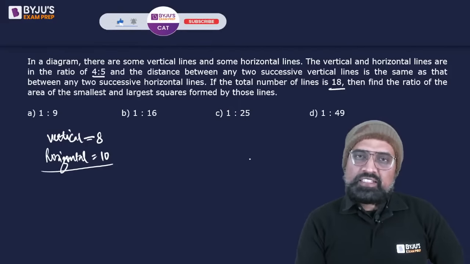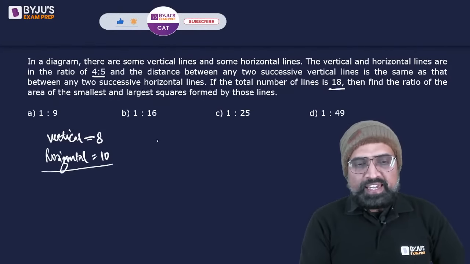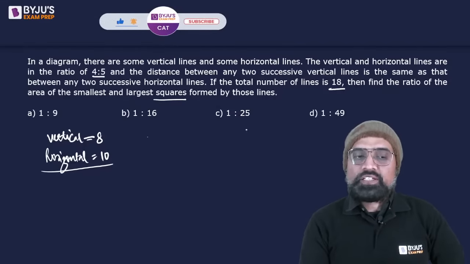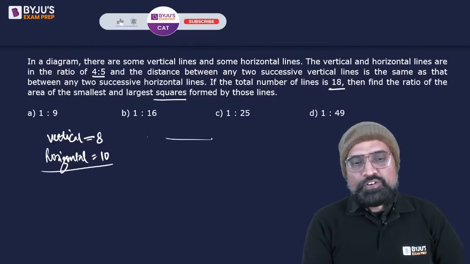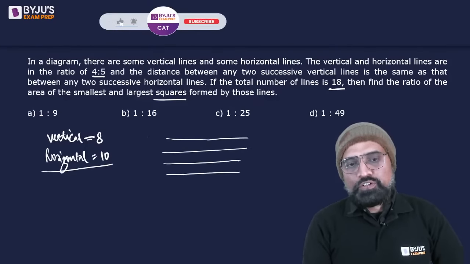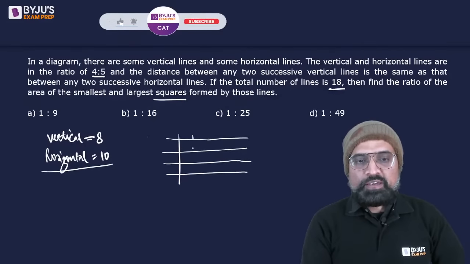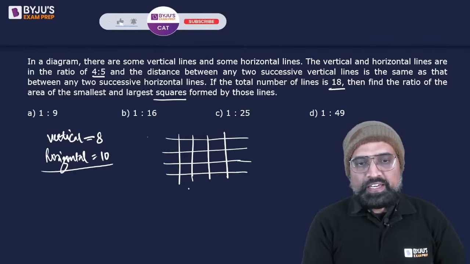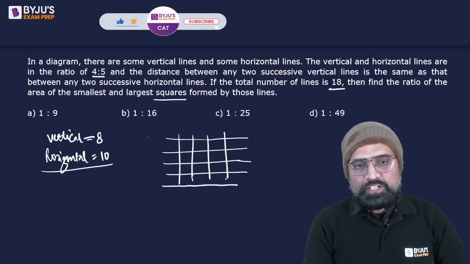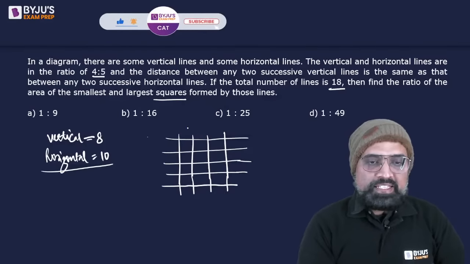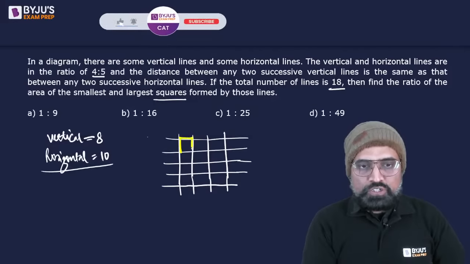So rather than drawing, can we say that they're asking about squares, right? So when you're going to have vertical lines and horizontal lines, suppose I simply put 4 and 5, let's just take 4 and 5, tension over. Okay, so can I say that this is the smallest square that we are going to have?